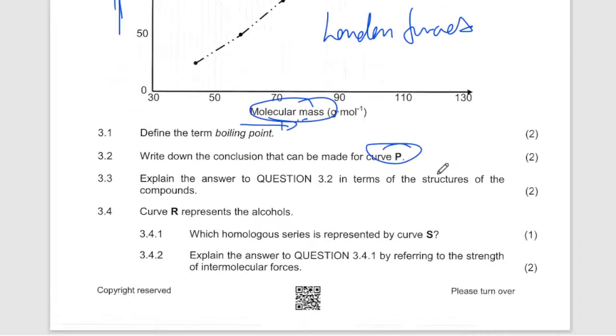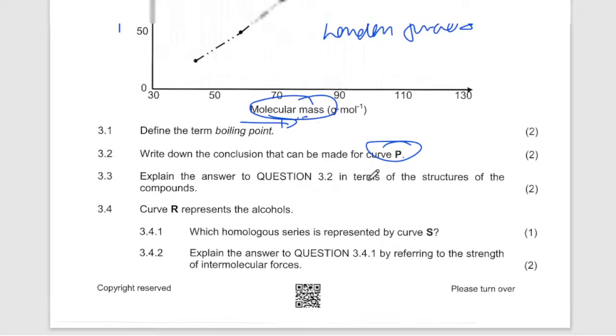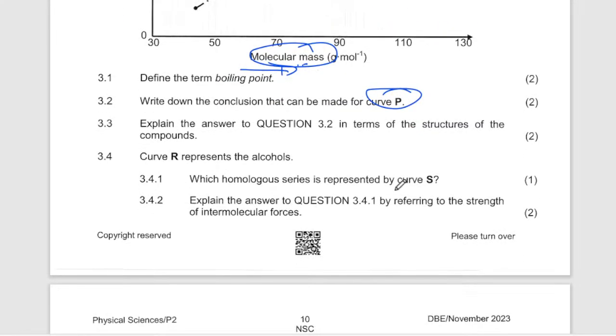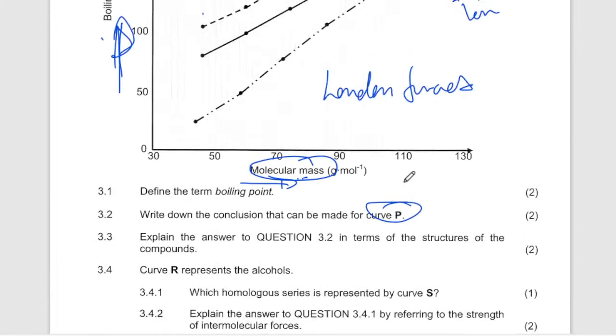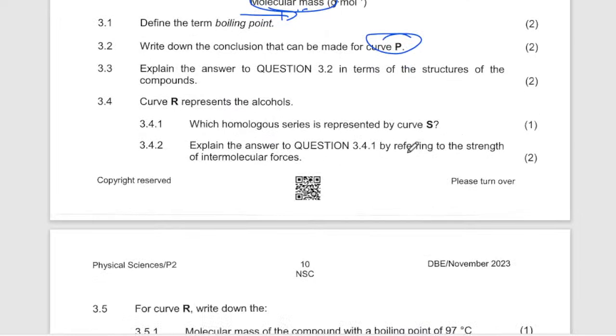Okay, let's go to the question and then we see. Which homologous series is represented by S? So we have said it. It is an aldehyde. And they are saying explain your answer.